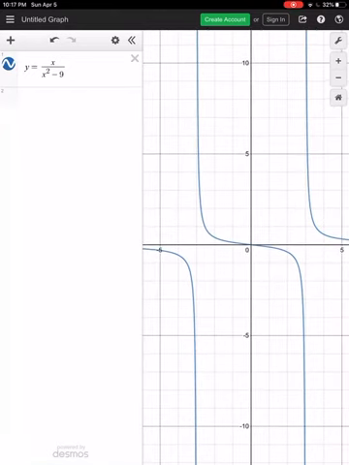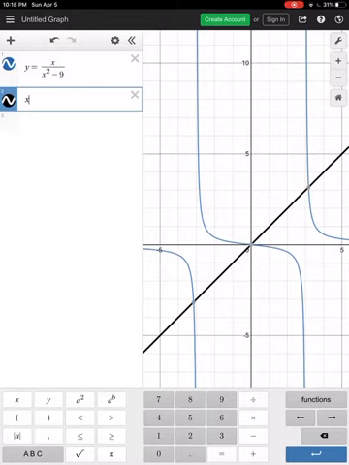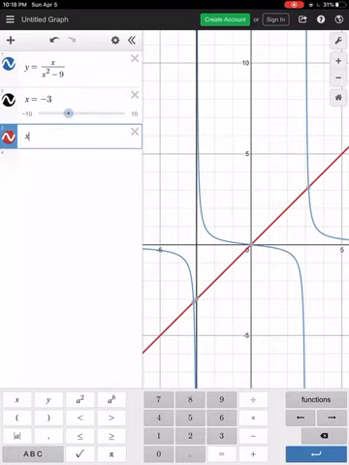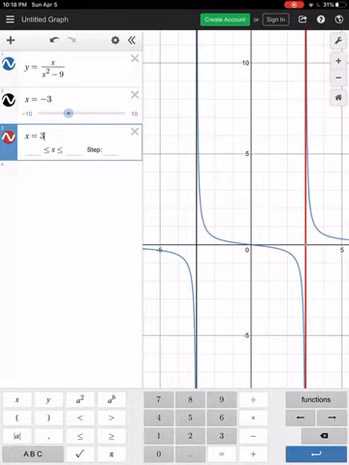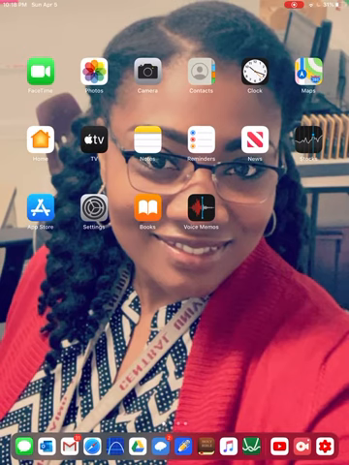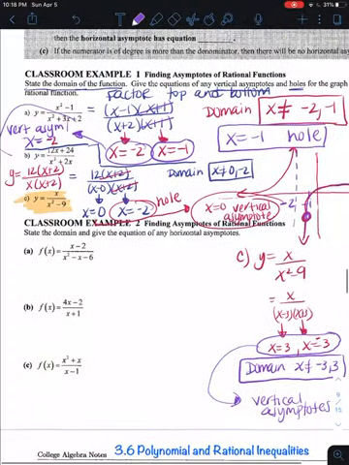Those are the two breaks of the graph. If you notice, you have those two vertical breaks. Let me put those in there so you can see. x equals -3, that's that vertical asymptote, and then x equals 3. So those are the vertical asymptotes. I saw that without even graphing. I did that algebraically, and that's what you should be able to do.